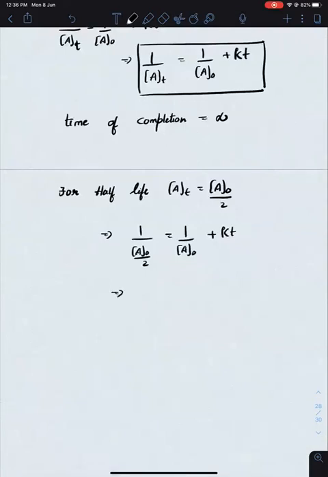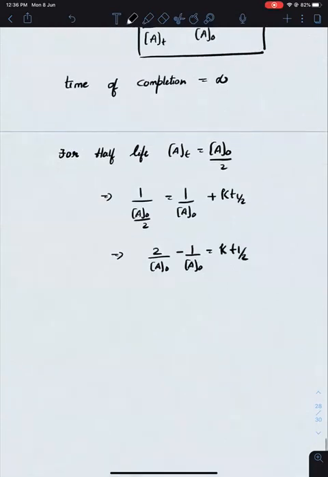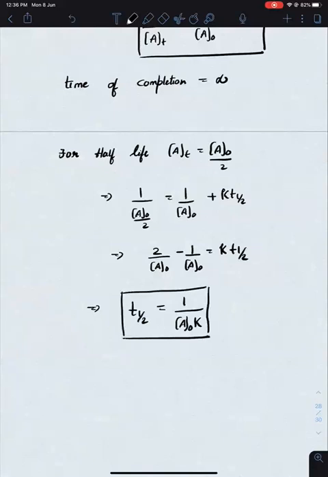This implies 2 upon a naught minus 1 upon a naught is equals to k into t half. This implies t half equal to 1 upon a naught times k. Right?